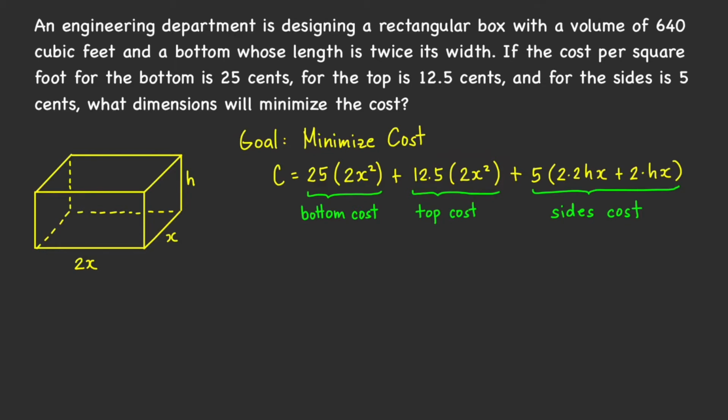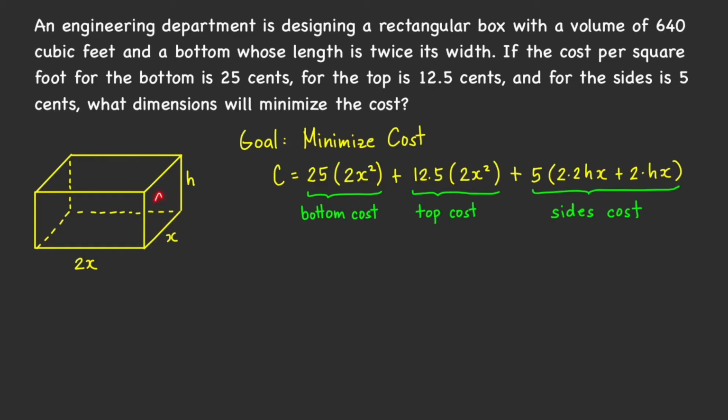Now, let's look at the total area of the four sides. Here we have the front face and then the back face of this box. So the area of this front face will be 2x times h, and then that is times 2, plus the back face, so you'll get this total area, which is 2 times 2hx.